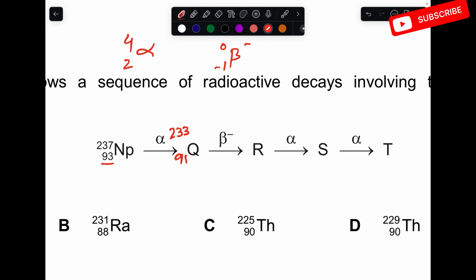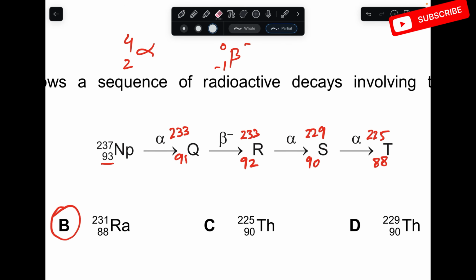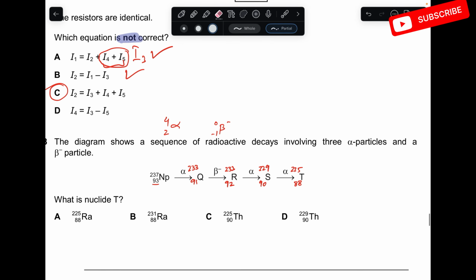For beta, mass will not change, charge will increase by 1, so it will be 92. Then again alpha: 233 minus 4 gives 229, and 92 minus 2 is 90. And then the last one, again alpha, minus 4 is 225, and 90 minus 2 is 88. So A is the option.